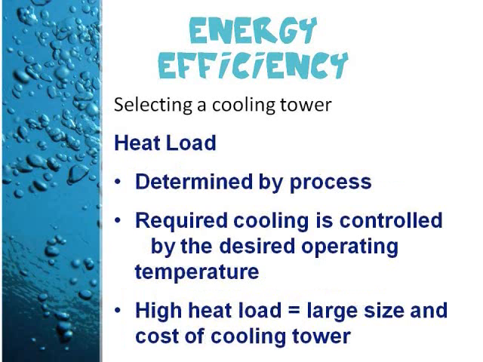Next, we'll consider the heat load. The heat load imposed on a cooling tower is determined by the process being served. Process heat loads may vary considerably depending upon the process involved and are therefore difficult to determine accurately. On the other hand, air conditioning and refrigeration heat loads can be determined with greater accuracy.